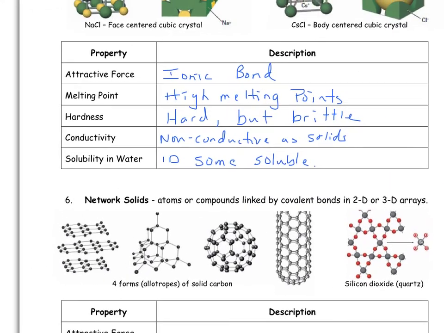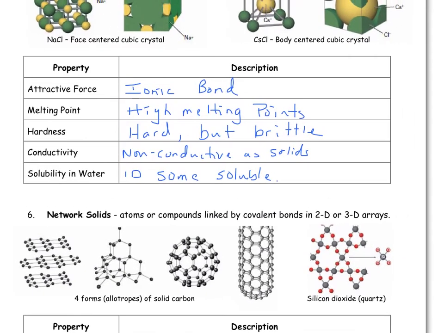So ionic compounds, one way to identify them is they're not conductive as solid, but they will conduct when dissolved or when they're in a liquid form.